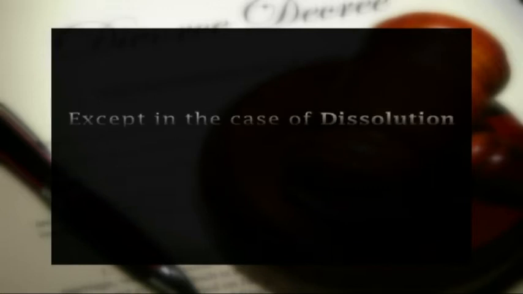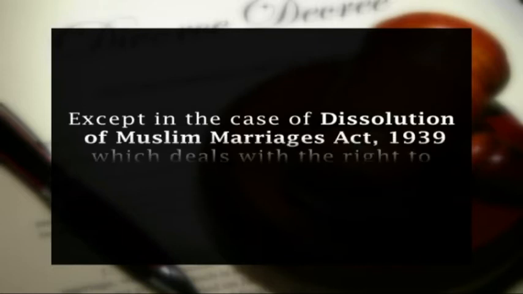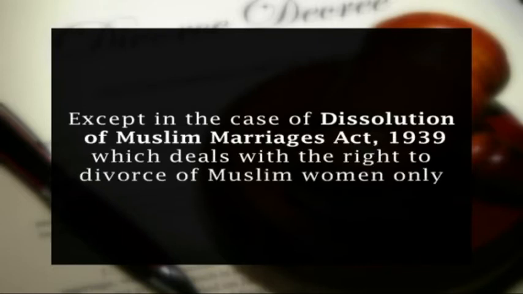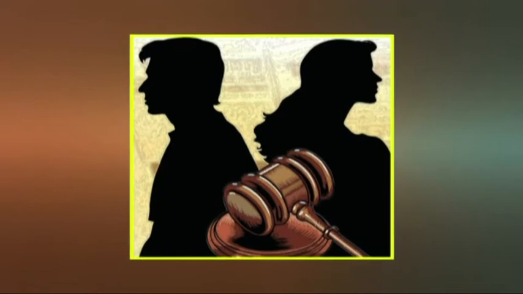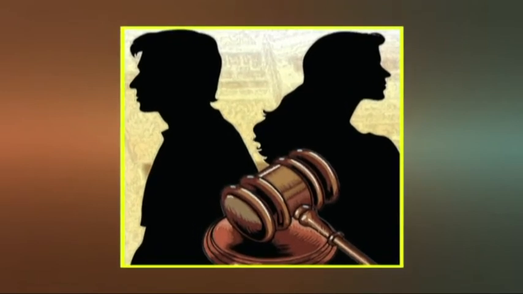Except in the case of the Dissolution of Muslim Marriages Act 1939, which deals with the right to divorce of Muslim women only, the above-mentioned grounds are available to both husband and wife under all other laws.